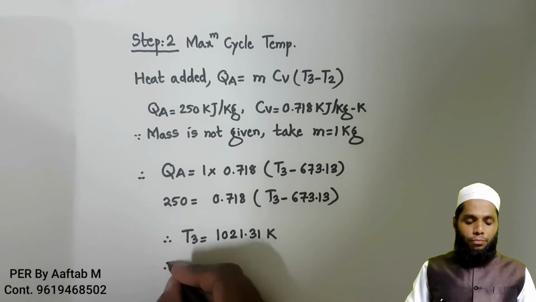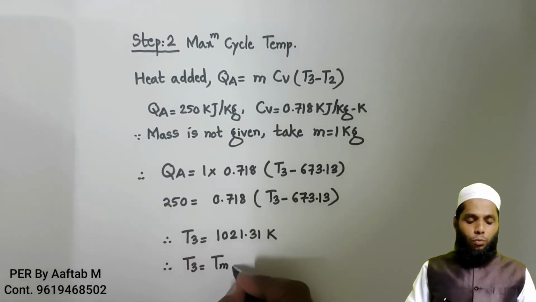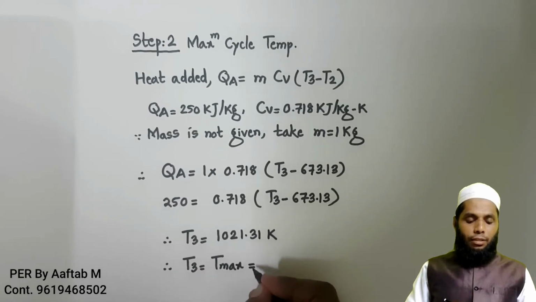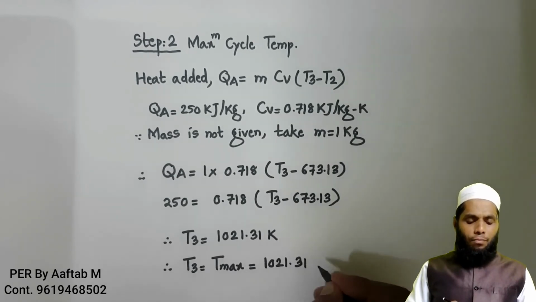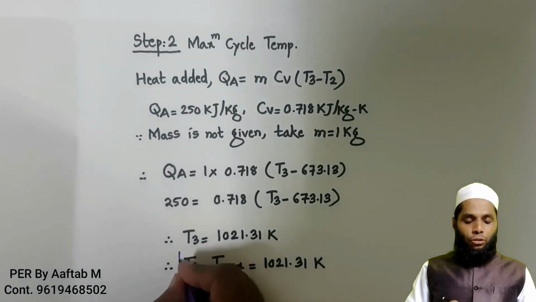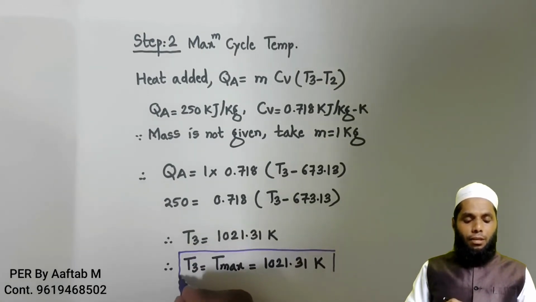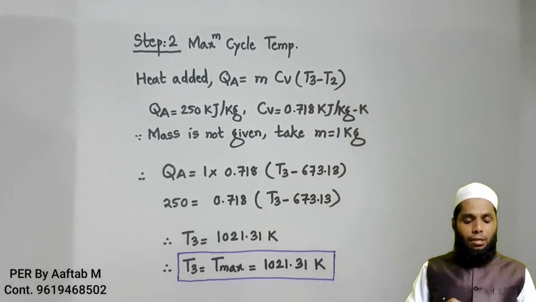So the T3 value we found is 1021.31 Kelvin. So this is the maximum temperature T3 of the cycle which is asked in your question. So we'll mark this as our required answer of maximum cycle temperature.